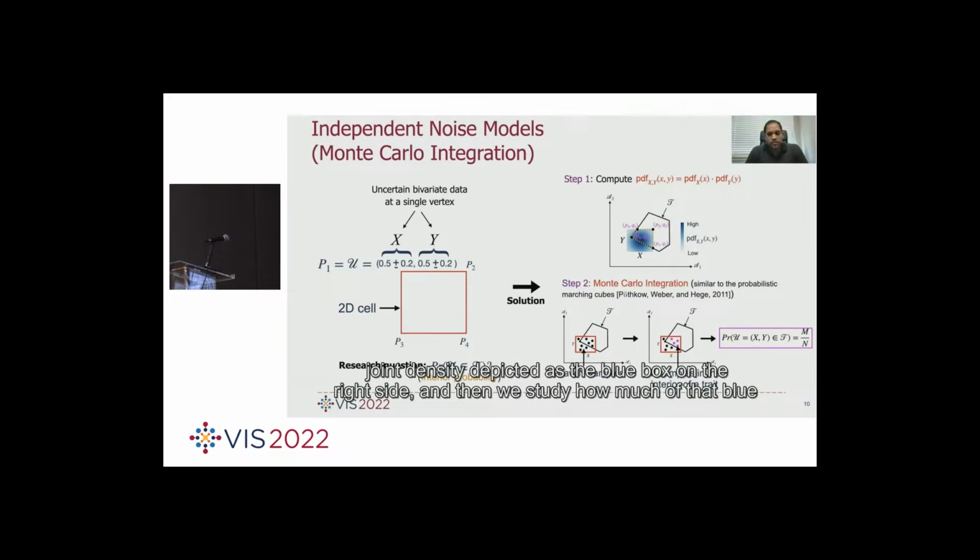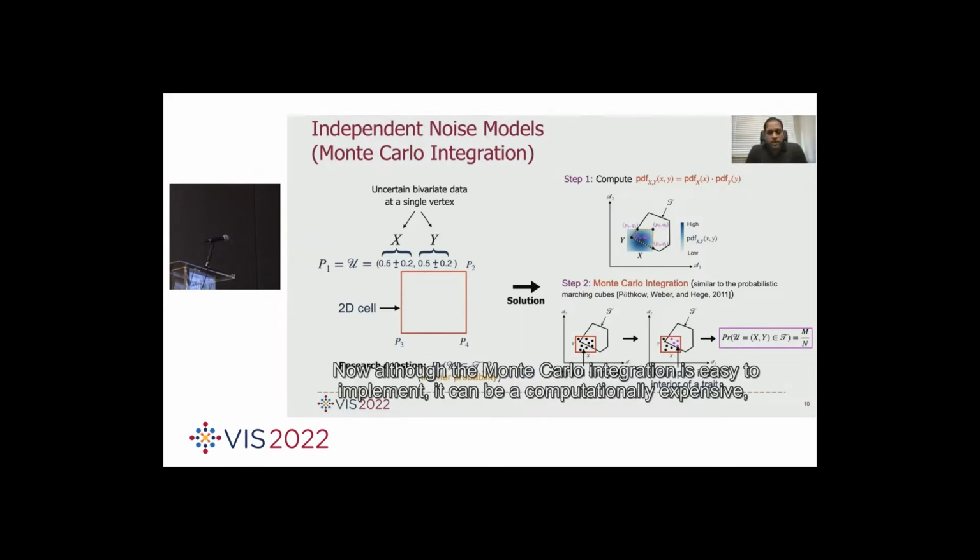And then we study how much of that blue box overlaps with the trait T. And for that, we perform Monte Carlo integration where we draw n random samples from the joint density of x and y. And then if m samples lie in the interior of a trait as depicted in magenta, then we estimate the interior probability as m divided by n.